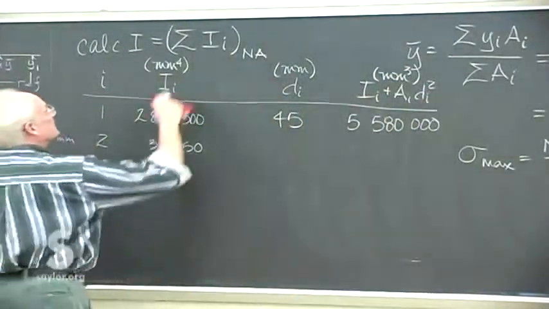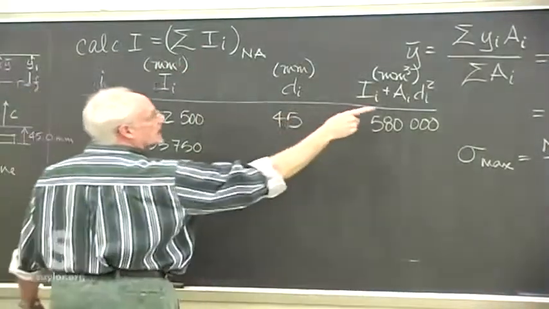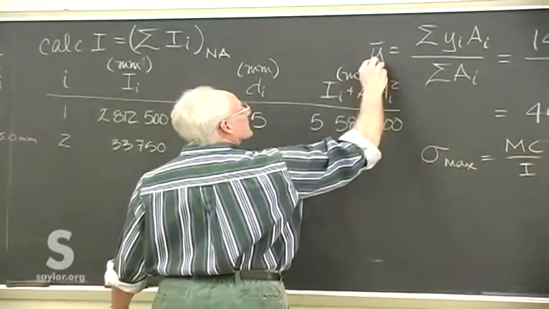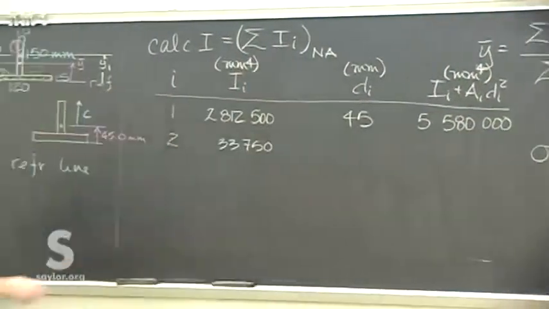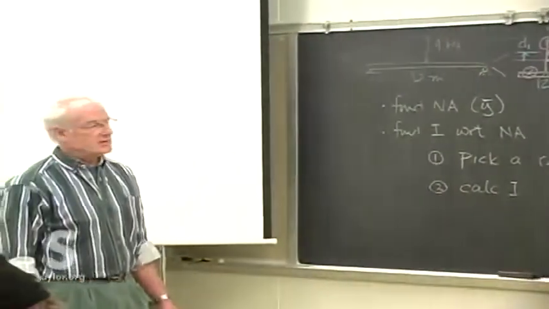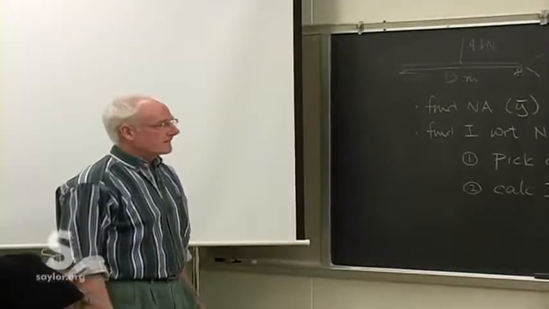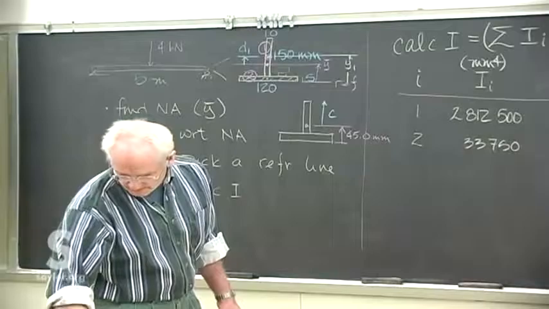Oh, sorry, this is millimeters to the fourth. This was right. That should be the fourth. Millimeters to the fourth. And you can double check these numbers when you get home.